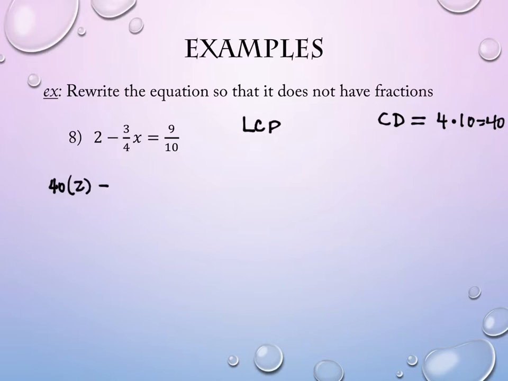So 40 times 2 minus 40 times 3/4 x equals 40 times 9/10. Dots between, parentheses between, it doesn't matter. I guess I could be consistent anyway. We'll put parentheses. 40 times 2 is 80. The reason I like the 40 is because the 40 and the 4 will reduce, right?